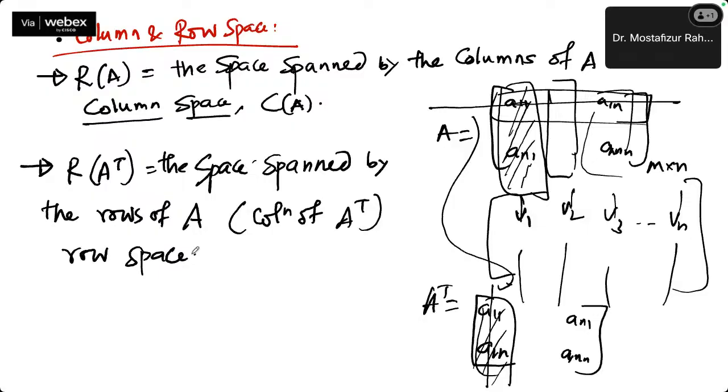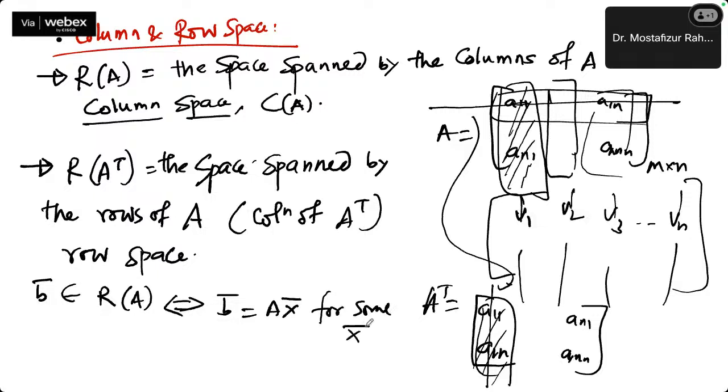So how to write these things? If vector B belongs to the column space of A, that means B equals AX for some X, and if a vector belongs to the row space of A, it means A transpose equals Y transpose A. Now the vector comes in the front and the matrix comes in this part.